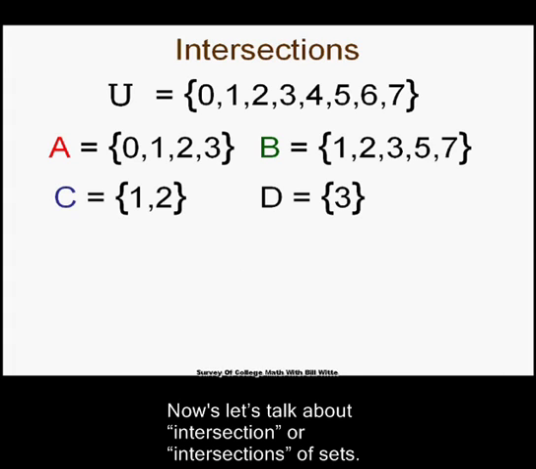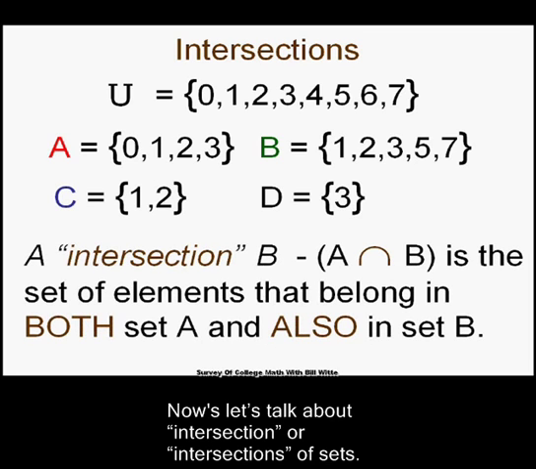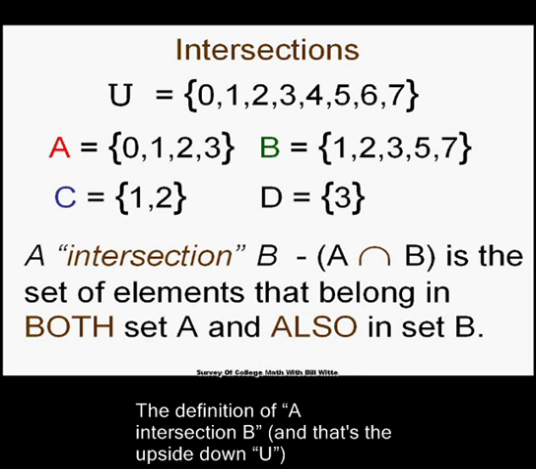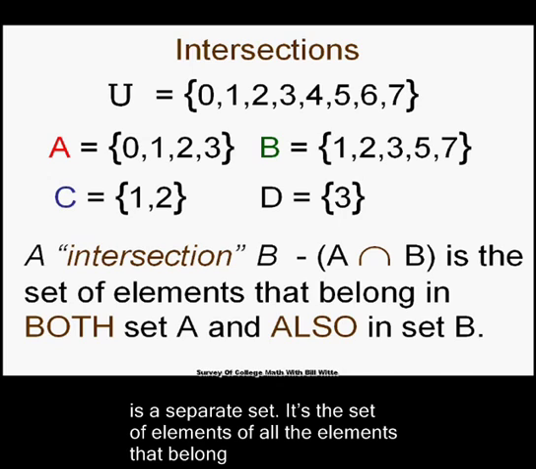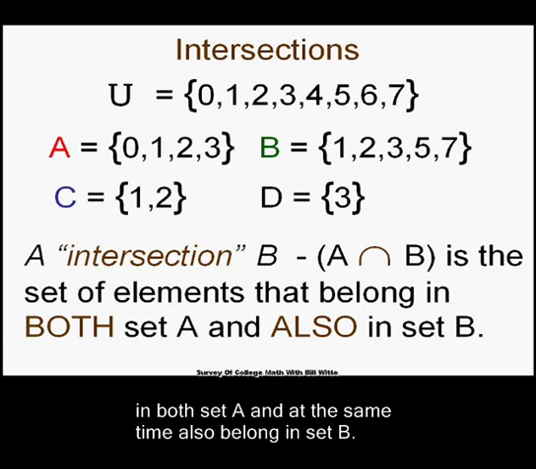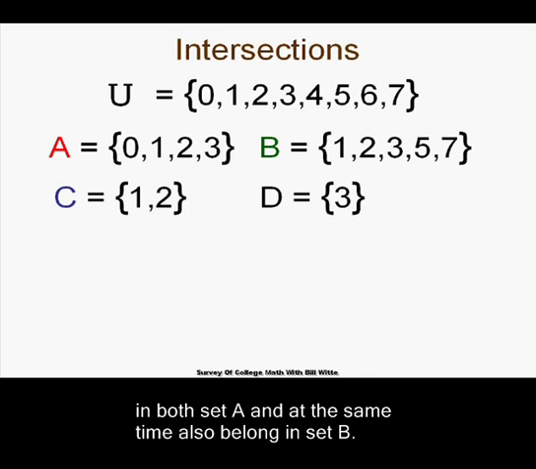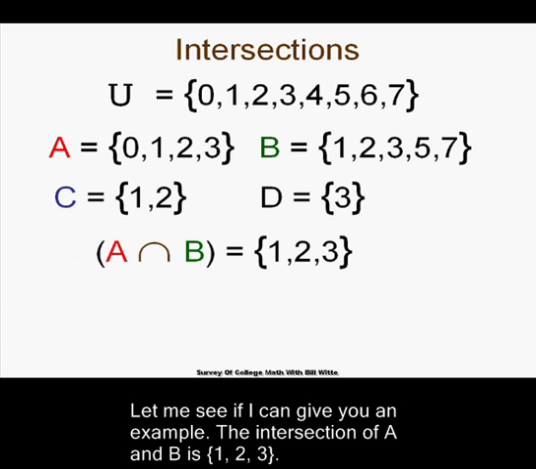Now, let's talk about the intersection of sets. The definition: A intersection B, and that's the upside-down U. That's A intersection B, is a separate set. It's the set of all the elements that belong in both set A and at the same time also belong in set B. Let me see if I can give you an example.